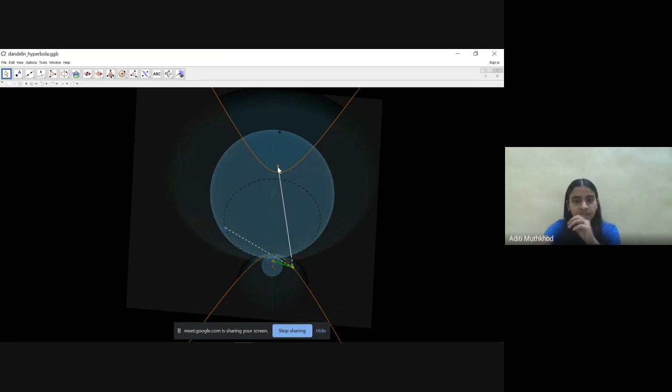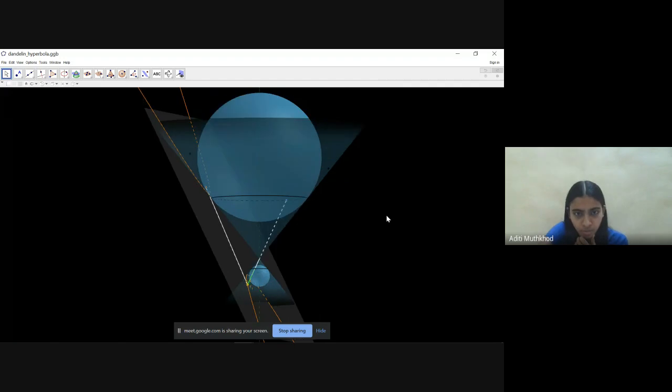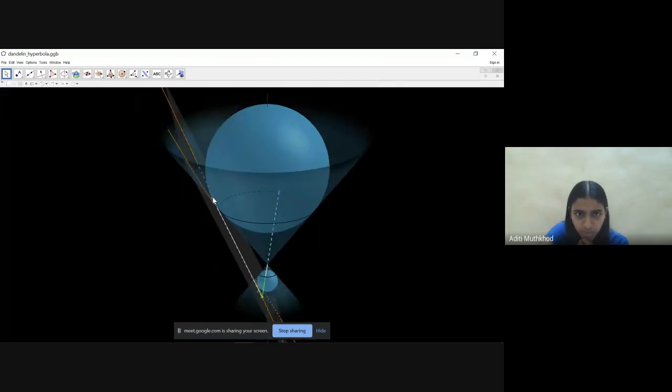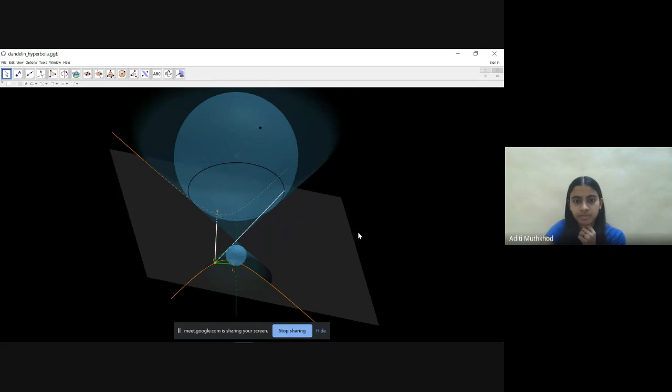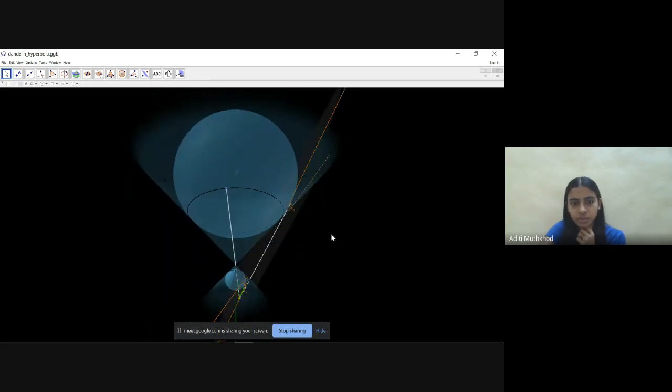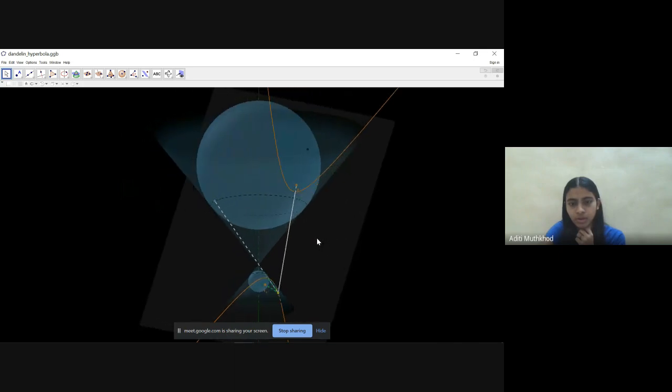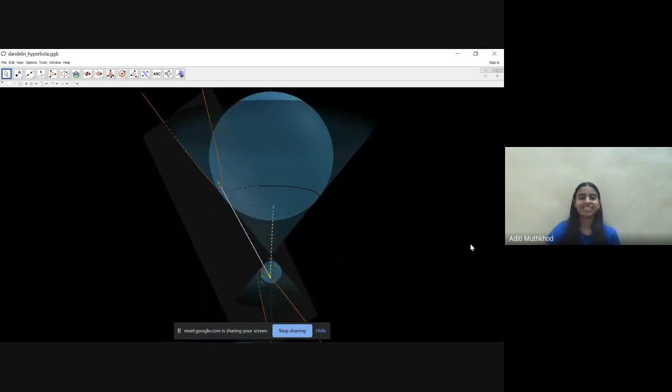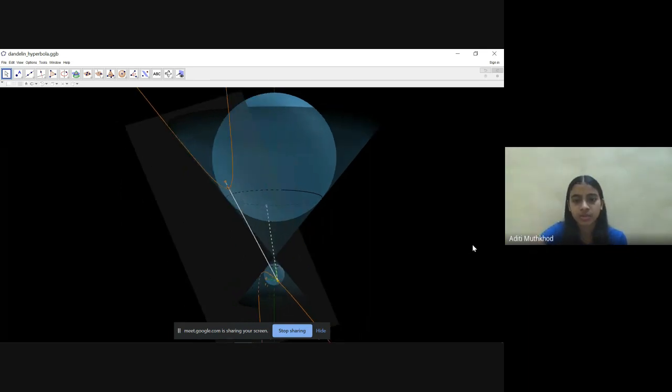We are guessing that F1 and F2 are the foci, in fact the tangency points, the points where this sphere meets the plane and this sphere meets the plane. Can someone tell me why this should be true? Do you people see why this is true?